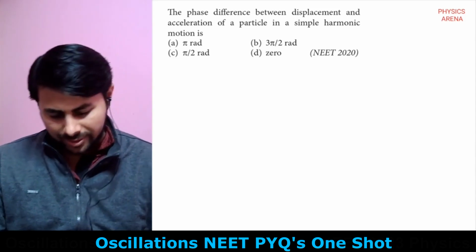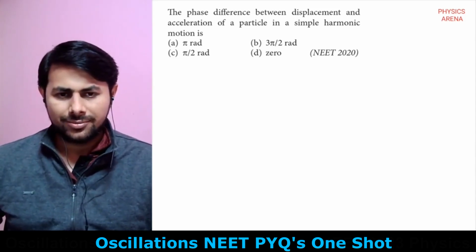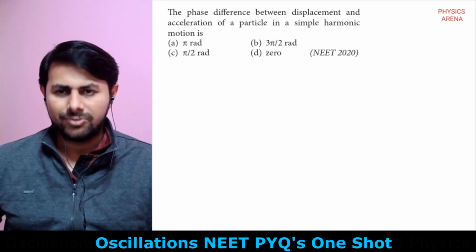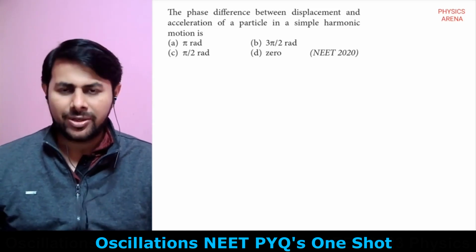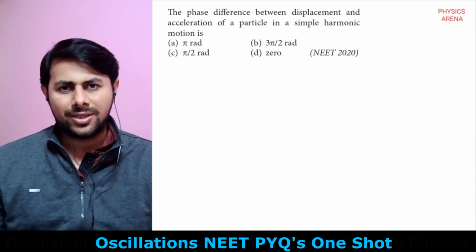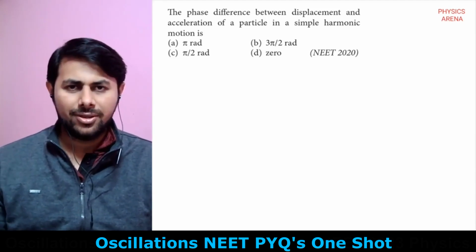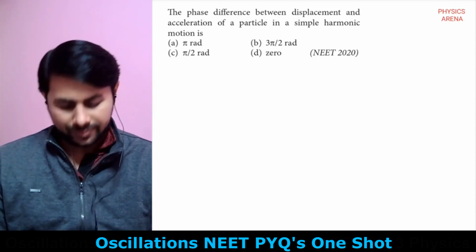So Preeti told, is it correct? We just saw this, right? Phase difference between displacement and velocity is pi by 2. Velocity and acceleration is pi by 2. So displacement and acceleration, it is pi.